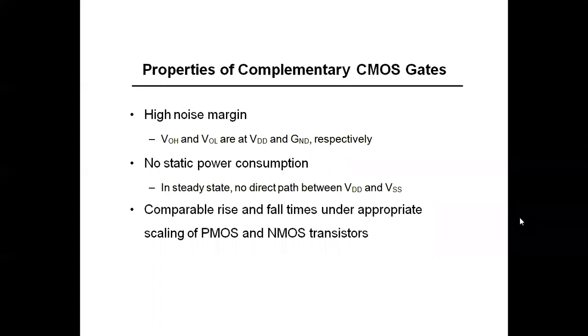Because CMOS is made up of PMOS and NMOS, and the output we are taking from the junction where the pull up network and pull down network are connected. That means there is no direct connection between VDD and VSS. So that is the reason that there is no static power consumption.